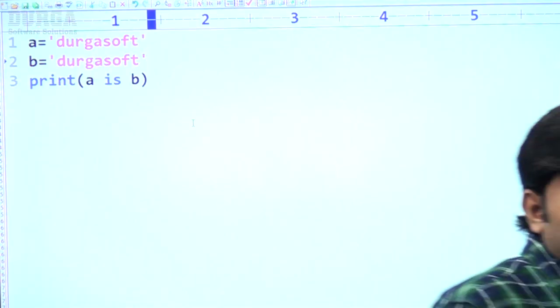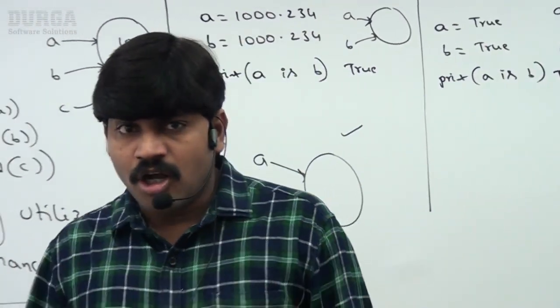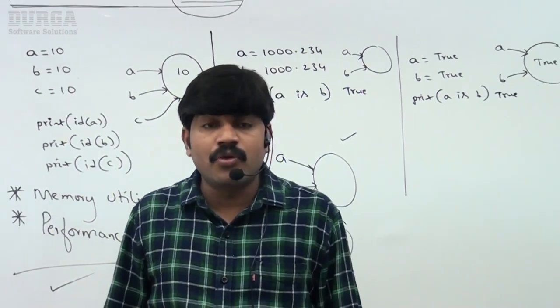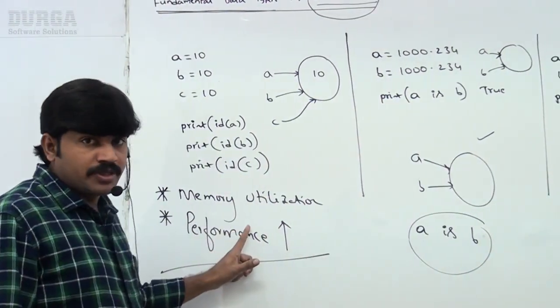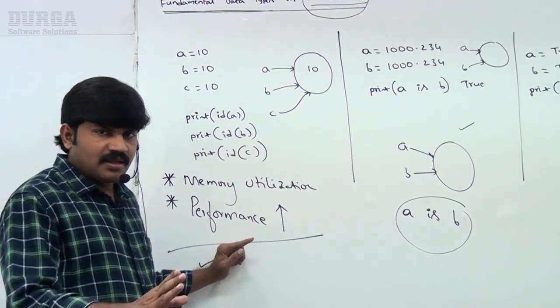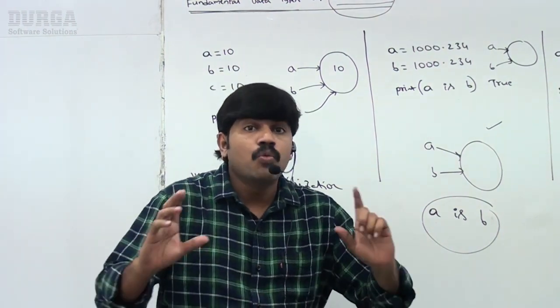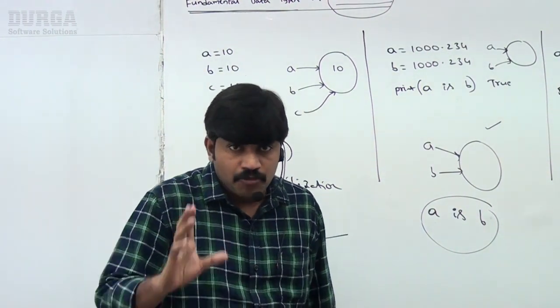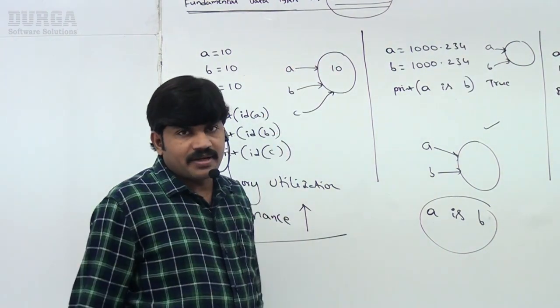Okay, sir, now the Python virtual machine is very intelligent, to improve memory utilization and performance. Now the terminology is very clear. In Python, if an object is required, the Python virtual machine won't create it immediately. First it will check whether any object is already available with the required content or not.